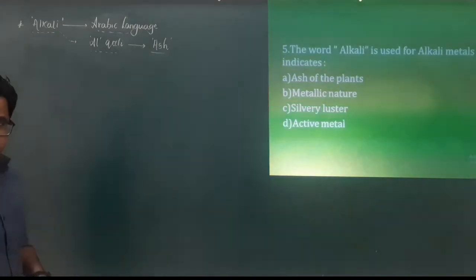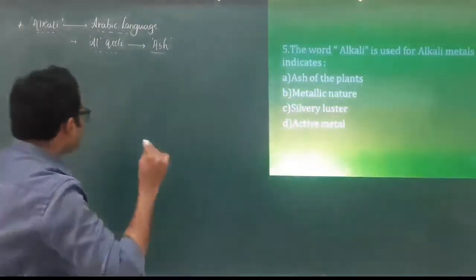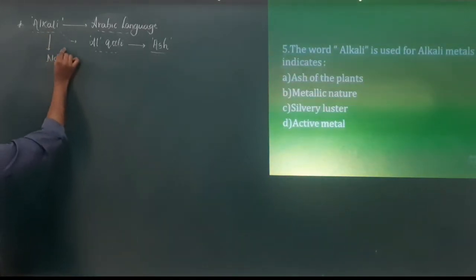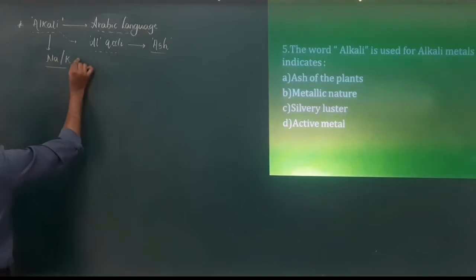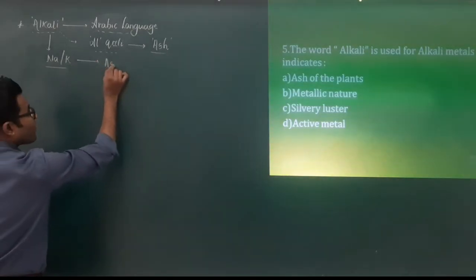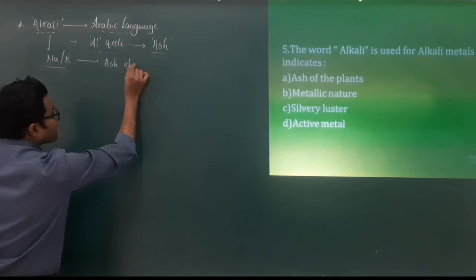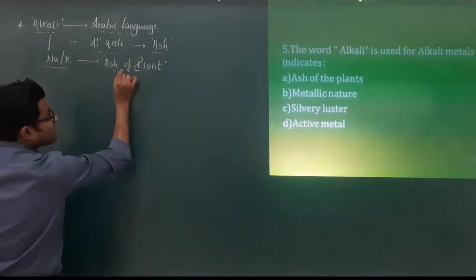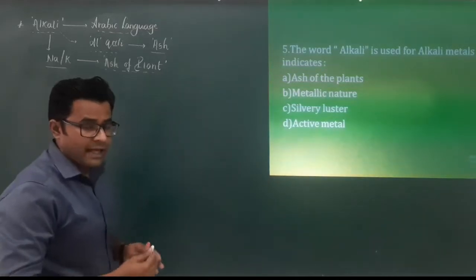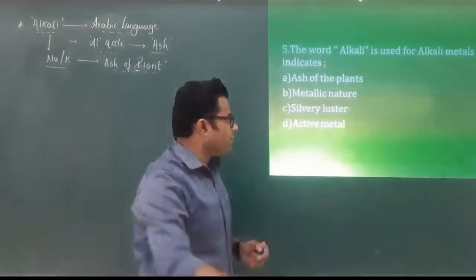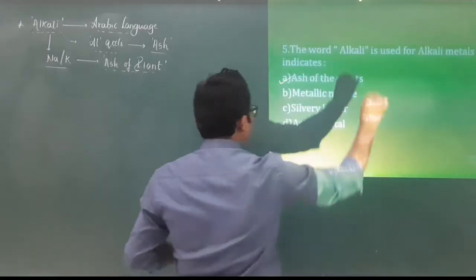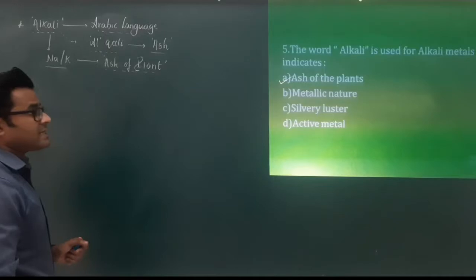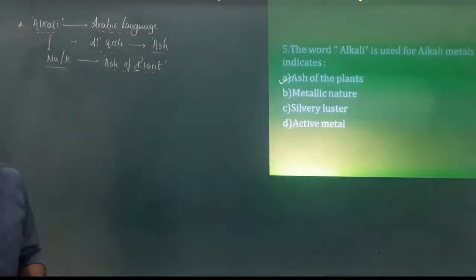The Arabs found sodium and potassium from the ash of plants, due to which this term alkali has been derived. So therefore, our answer over here is the ash of plants. Alkali is nothing more than the ash of plants. You need to remember that.